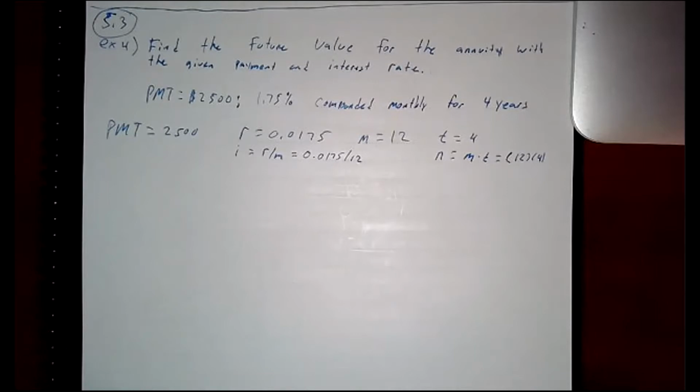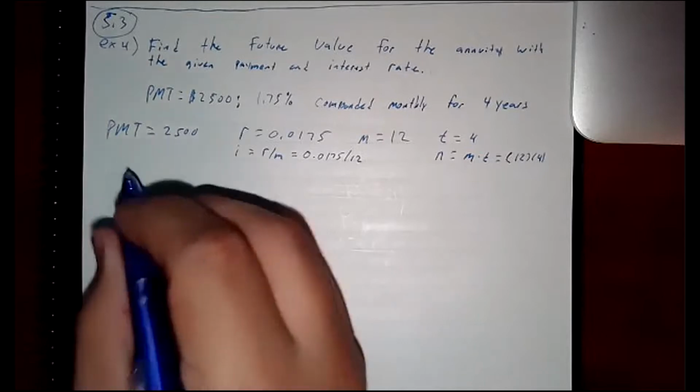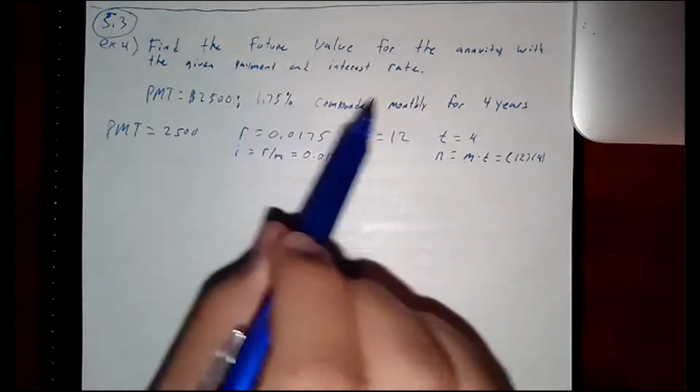Let's see what formula we need here. This is an ordinary annuity, and they want the future value.